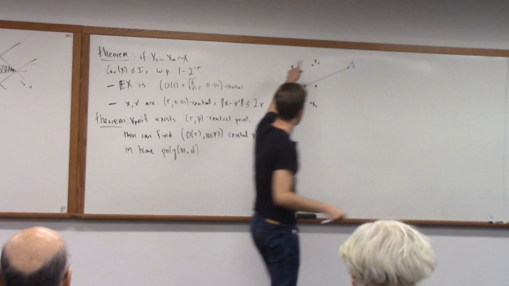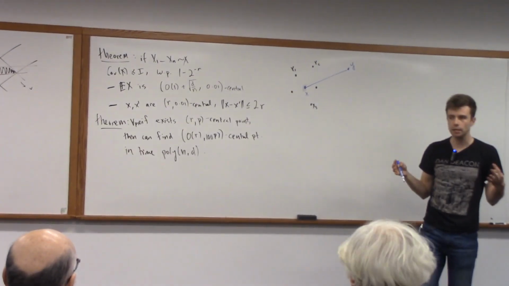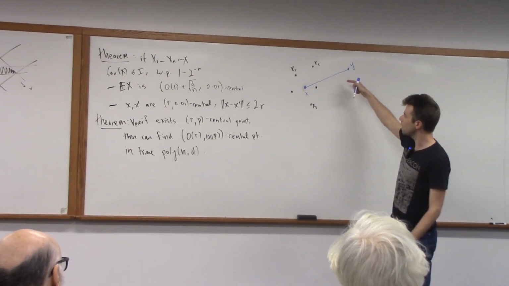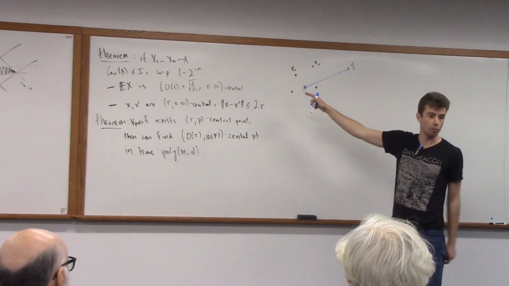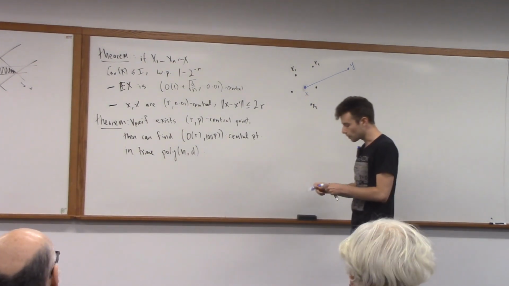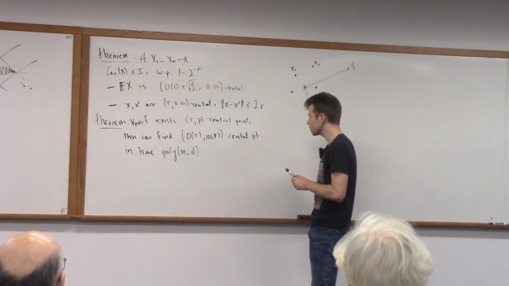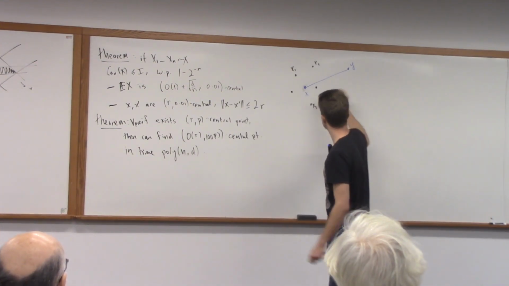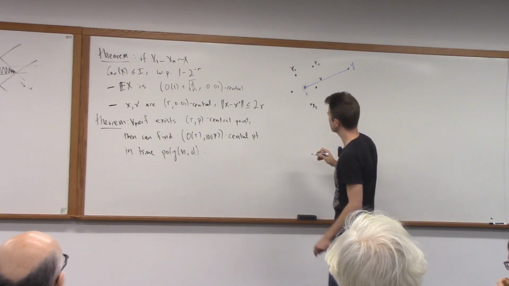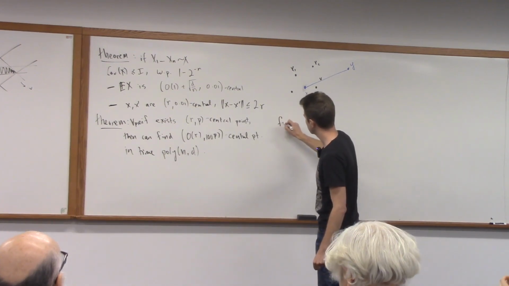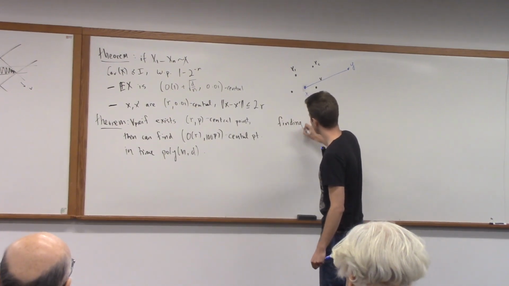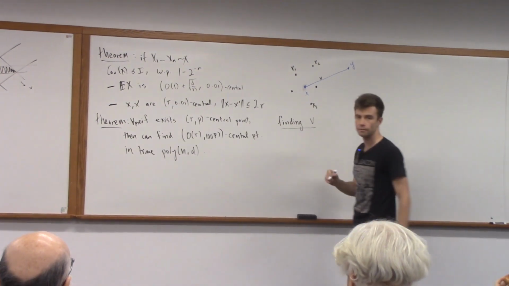I know these points x1 up to xn, and I want to find some direction where there are a lot of points far away from y in that direction. And we're going to do this with a semi-definite program. Maybe this is my descent direction v. And how to find v? Finding a direction with a lot of, yeah.